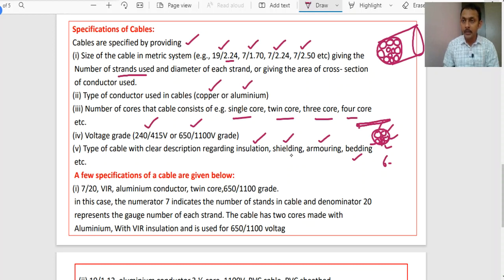Like insulation material, shielding, armoring and bedding, voltage levels, type of conductor, whether copper or aluminum, number of strands and the diameter of each strand, right? All those things will decide the specification of a cable.